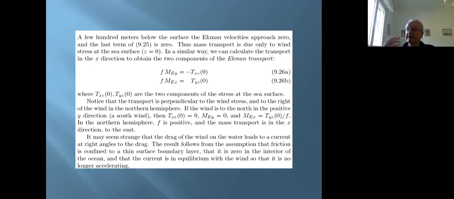These are in steady state equilibrium. And due to this assumption, the transport is to the right-hand side with respect to the wind. So this surprising feature is due simply to the assumption we enter into the equation, and then we obtain the solutions.